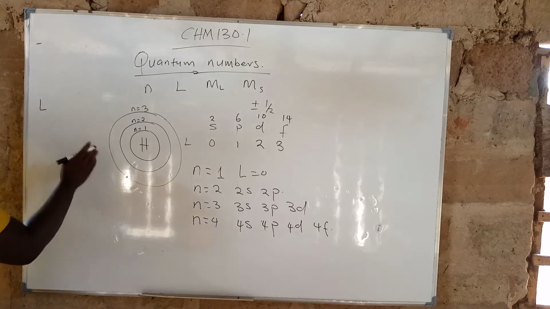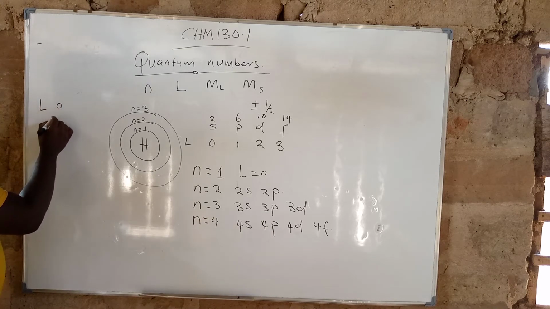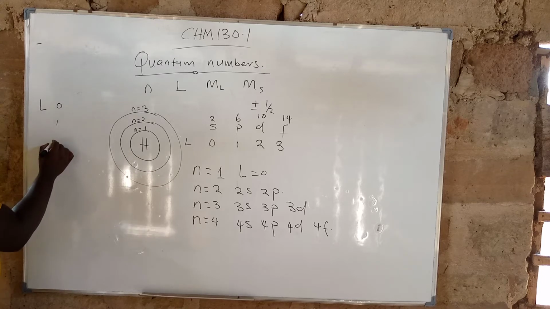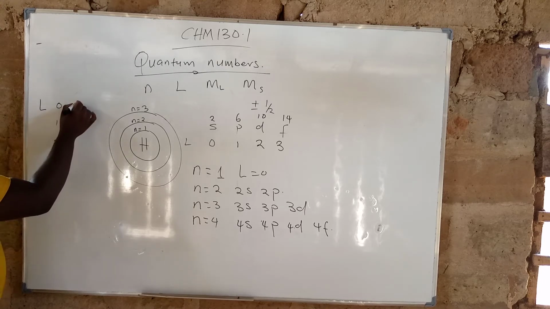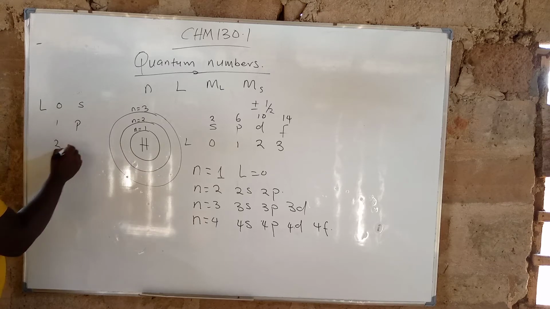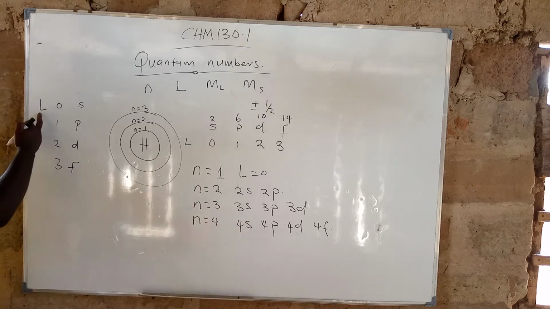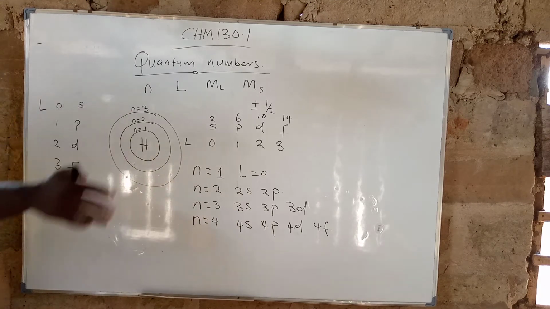If our L is 0, 1, 2, or 3, we already know that when the L value is 0, we're talking about the s orbital. When the L value is 1, we're talking about the p. When it is 2, we're talking about the d. When it is 3, we're talking about the f orbital. Is it not? Good.